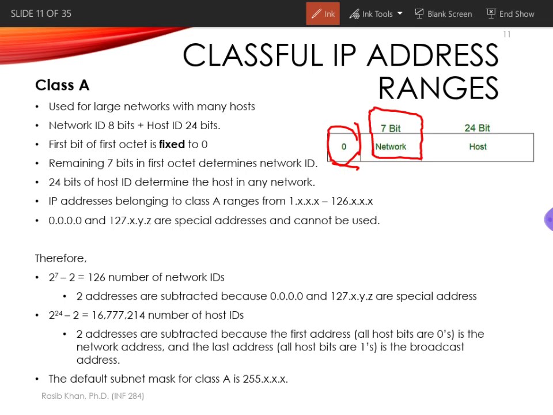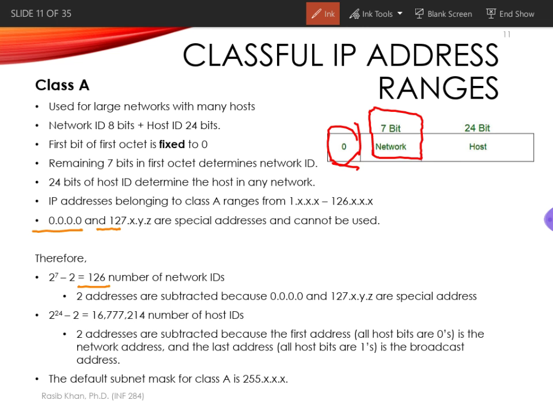However, there are 2 addresses which are special and that we cannot use, where we have all the bits set to 0 and where we have all the bits set to 1, for 127. So that leaves us with a total of 126 different network IDs that we can generate for Class A addresses.